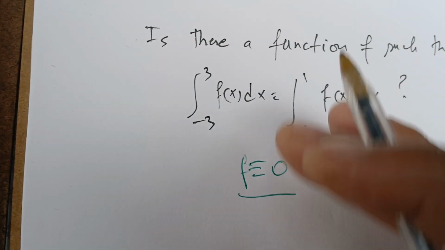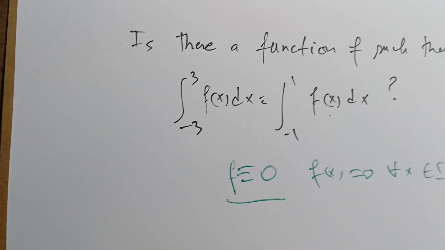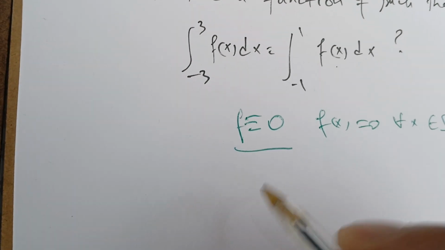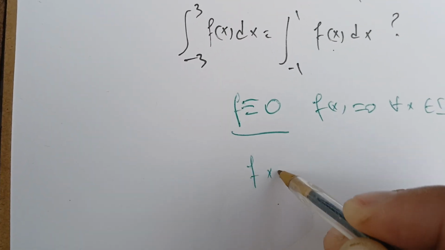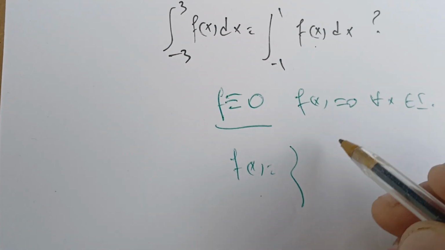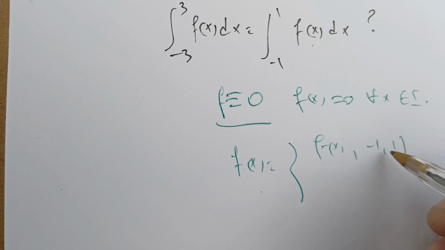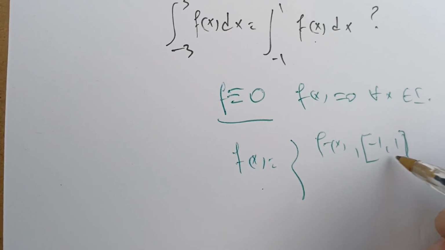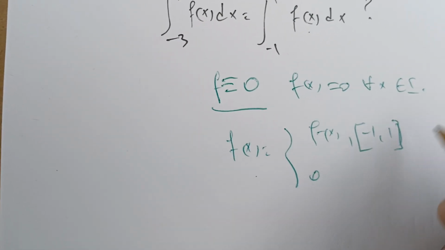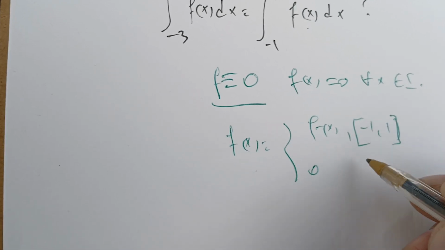And this function would satisfy this integral here. Define f(x) as f(x) between -1 and 1, including -1 and 1, and it is 0 outside of this interval.